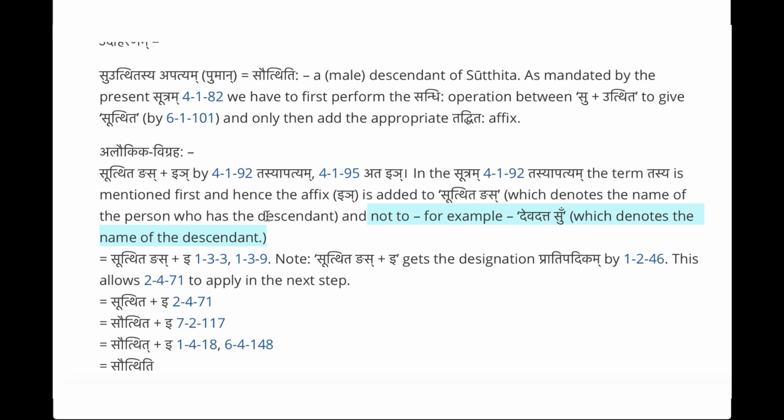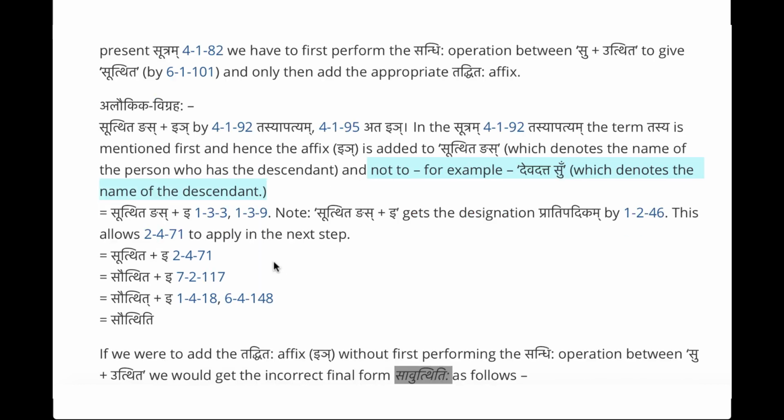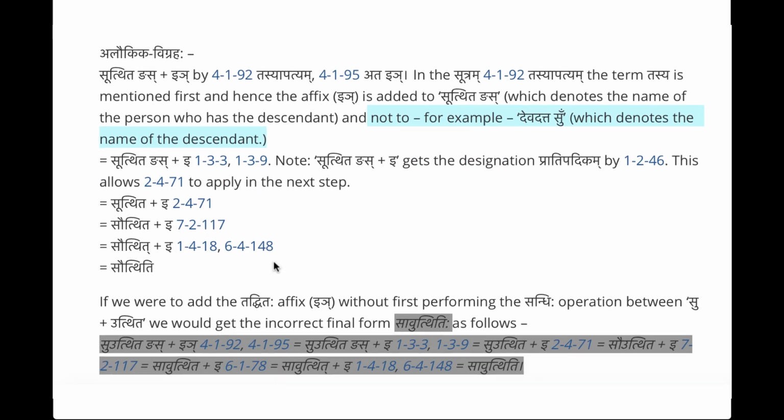Okay, the next step in the derivation is we remove the it letter Nya, which is at the end of the affix Iny. It gets the it sanya by 1.3.3 Halantyam, takes lopaha by 1.3.9 Tasya Lopaha. Note here that Suthita Nyas plus E gets the designation Pradipadikam by 1.2.46 Kritadita Samasascha, because we have applied a Tadhitaha affix.